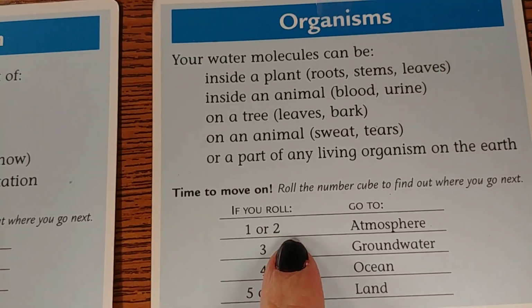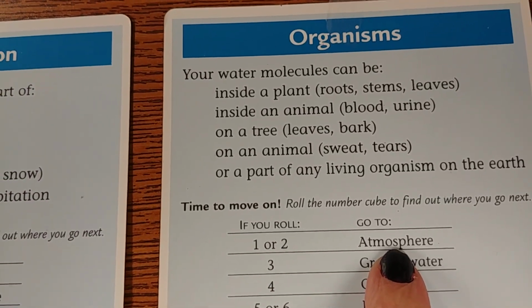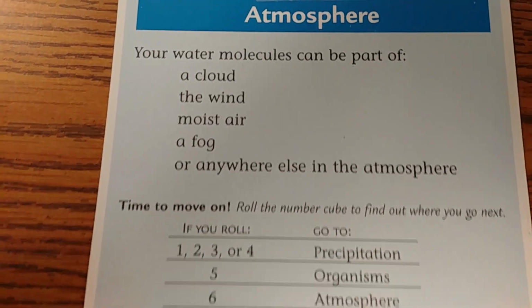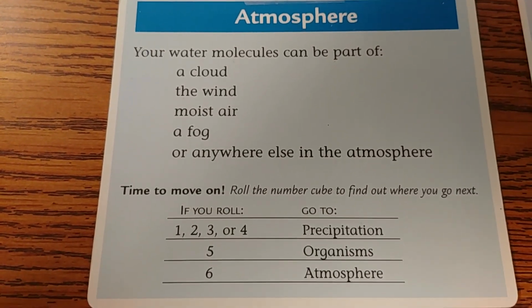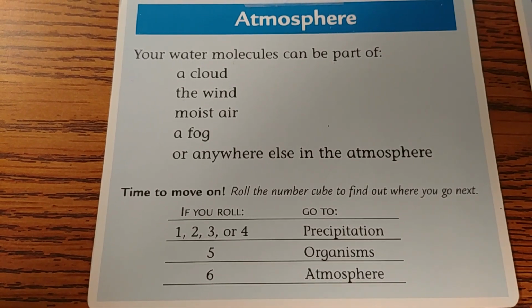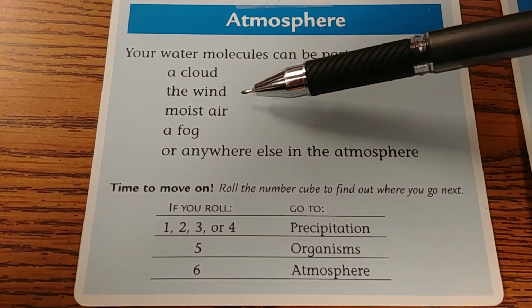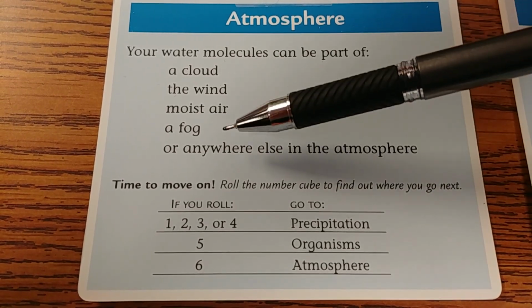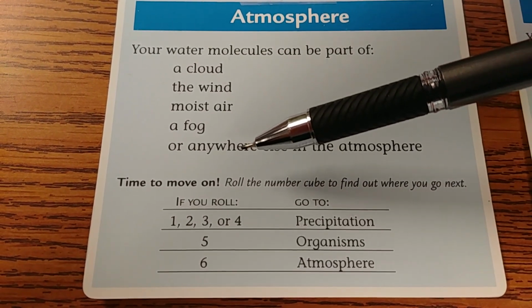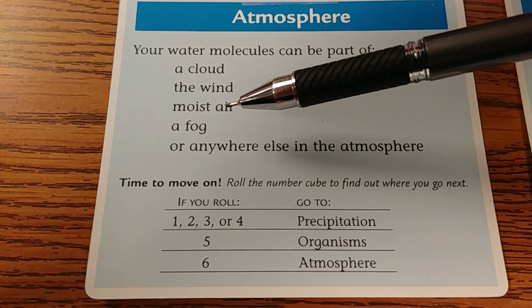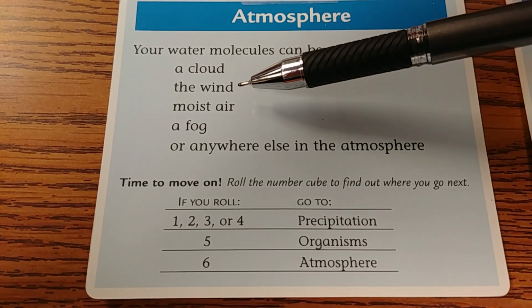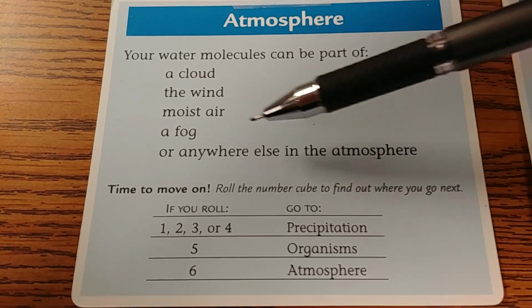I would roll 1 or 2, and I would go to the atmosphere. So go over here to this card over here, and then this would be my second card. So I fill it out accordingly. I'm going to be in the atmosphere. So I was a liquid, so maybe I want to change phase here. I was a liquid, so maybe I want to evaporate and go into the wind, which would be a gas. So I would decide what I want to do.